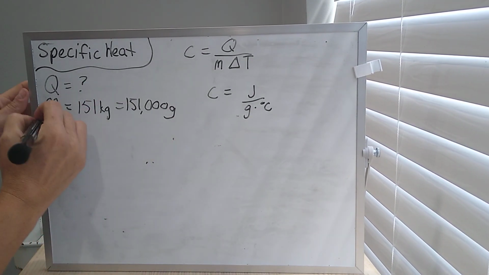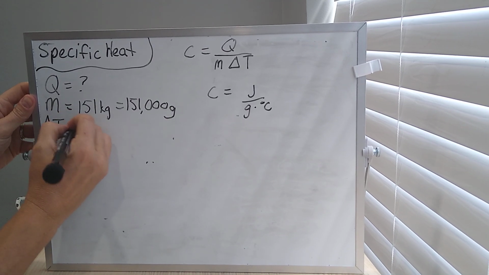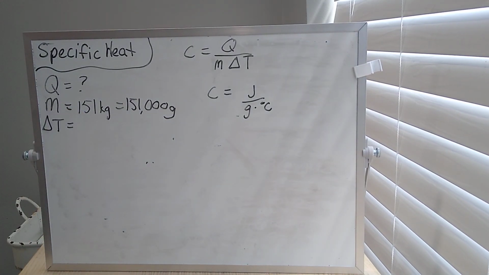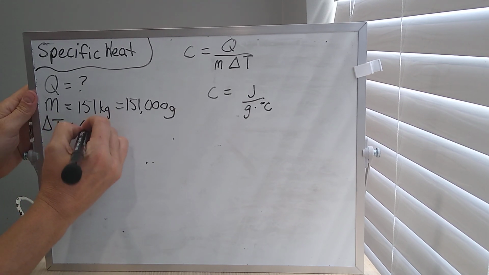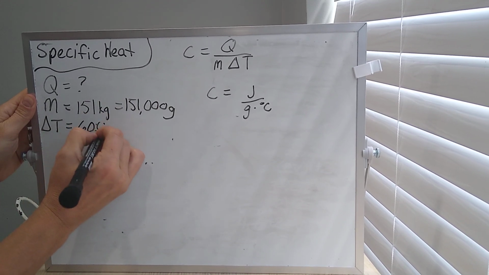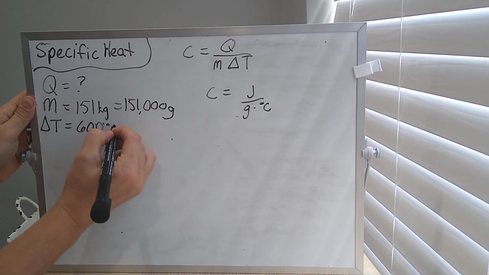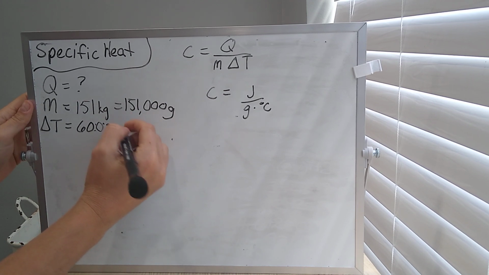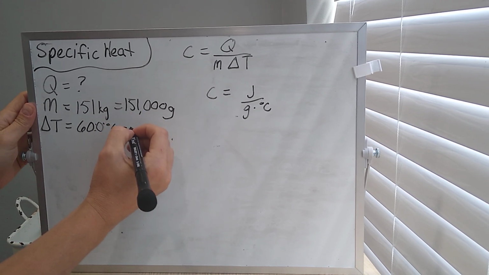Now we need our change in temperature. You're always going to start with the final minus the initial. So we're going from 19 degrees Celsius to 60 degrees Celsius. So 60 degrees is our final. And I'm going to keep all the digits that they give us so that at the end we can have the proper significant figures.